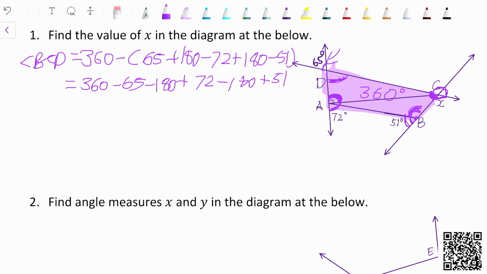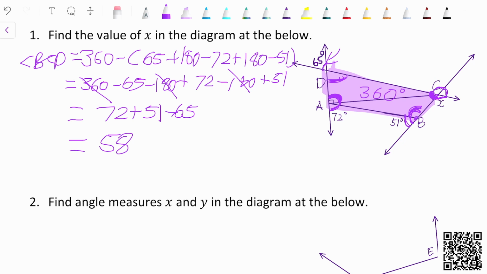As you can see, there are two negative 180s in this, therefore we can just get rid of these two and the 360, leaving us an easier chopping block. Therefore, 72 plus 51 minus 65, which is equivalent to, you can pause the video to do the math if you'd like, 58.